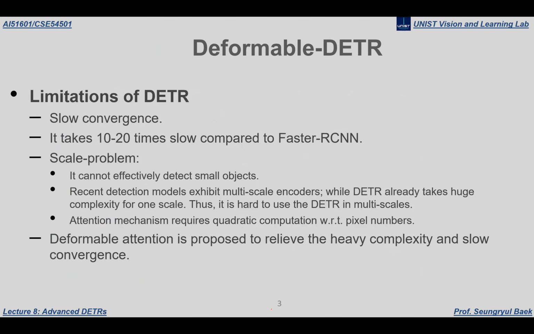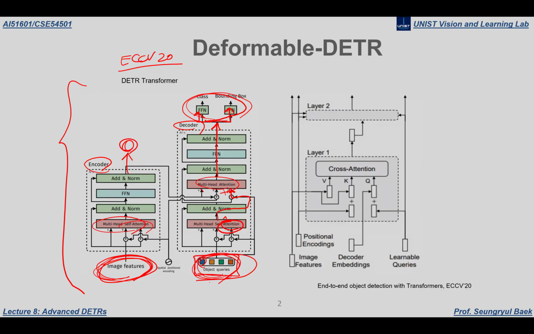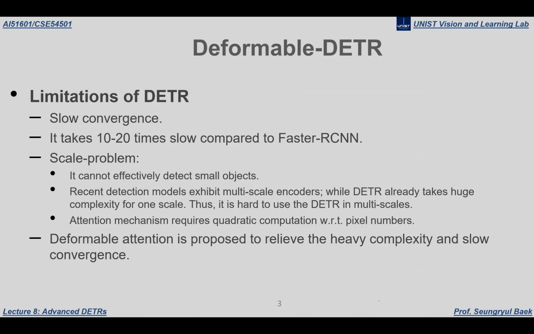So later research is tackling several aspects of the weaknesses in DETR, but mostly they are saying that the DETR architecture is slow to train. So it takes a lot of effort to properly train this DETR.